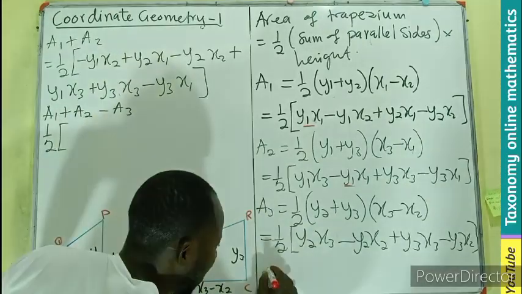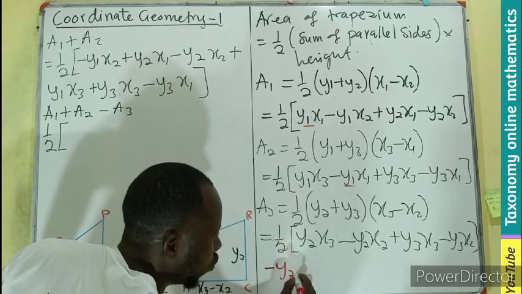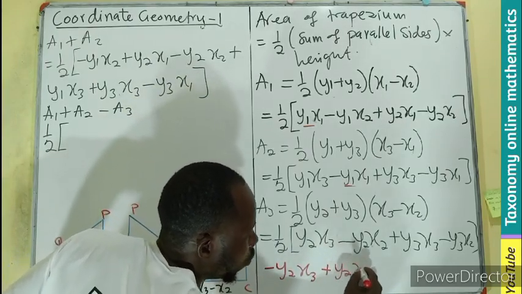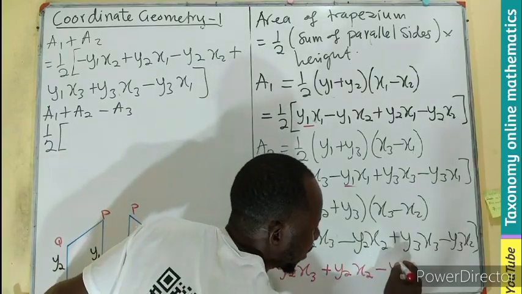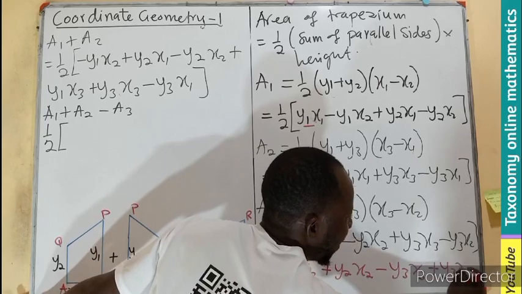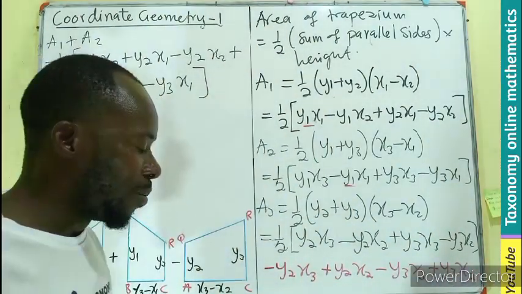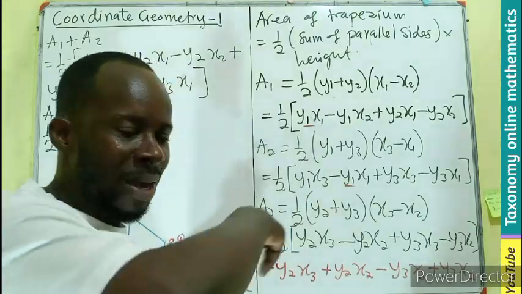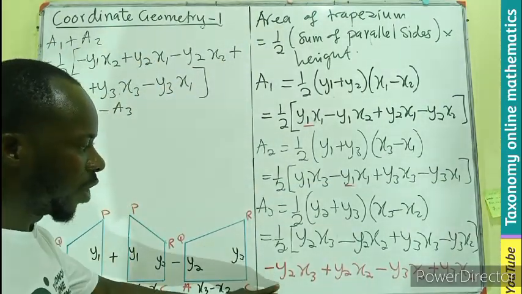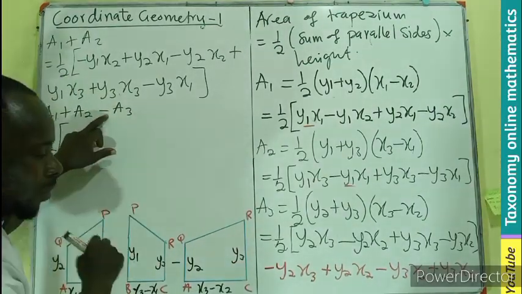Meaning, if the negative comes in front, multiplying this will give you y2 x3 plus y2 x2 minus y3 x3 plus y3 x2. I guess you're with me. The board is not that long so that we can expand it, that's why I'm cutting off some of them. So this is what we are going to have in the case of A3, which we are having a minus.